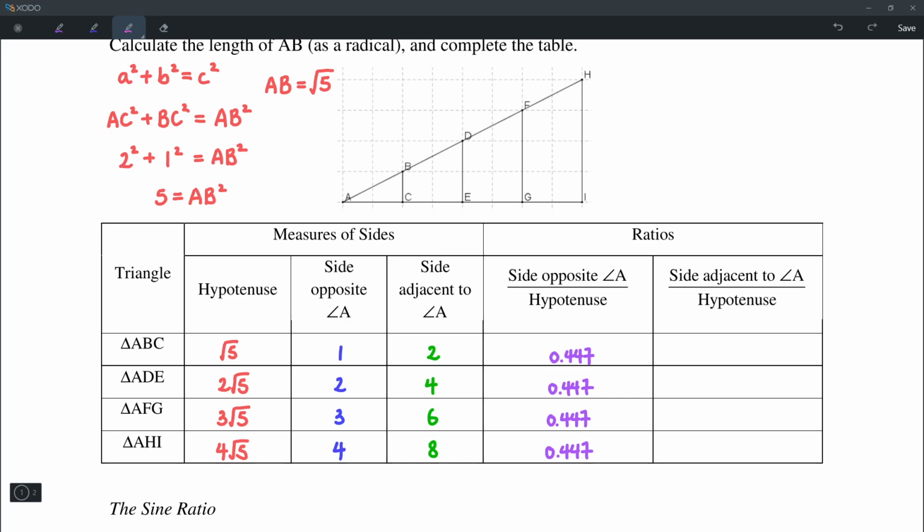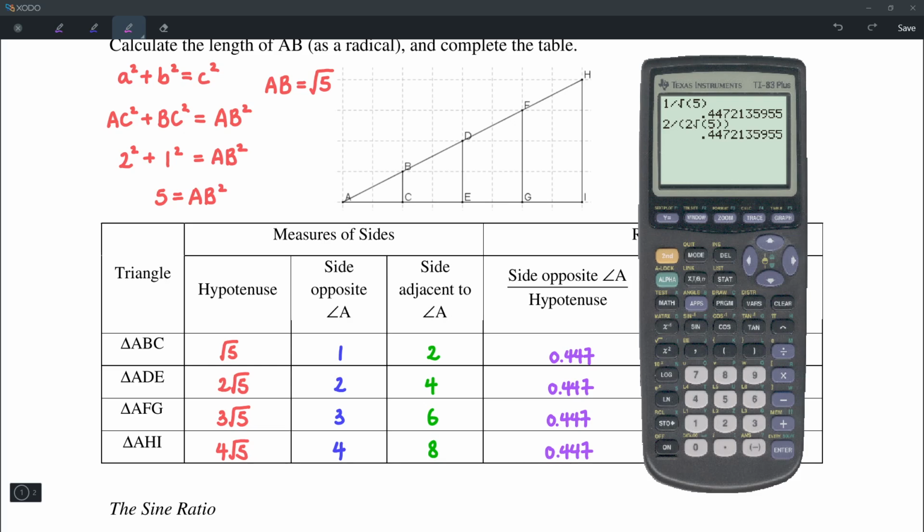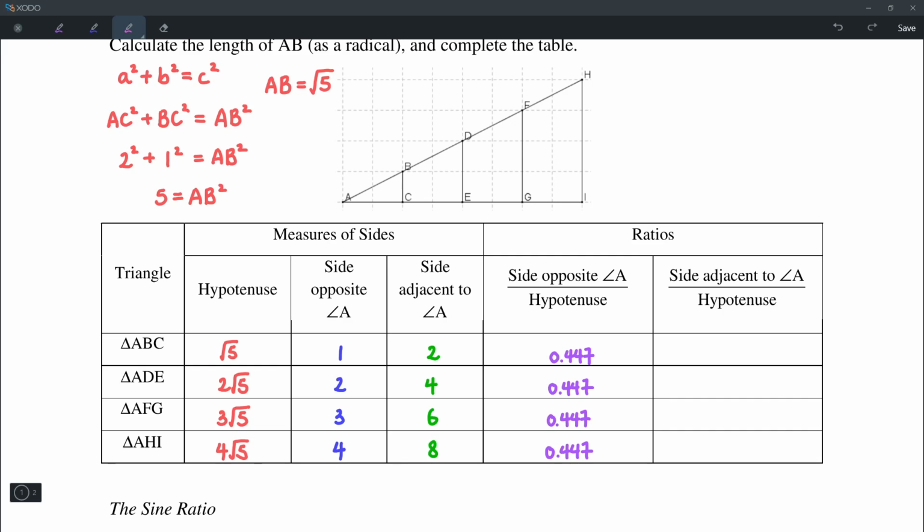Likewise, for the side adjacent to A divided by the hypotenuse, we'll simply have 2 divided by the square root of 5 for this first one. And once again, the rest of the ratios will be the same.